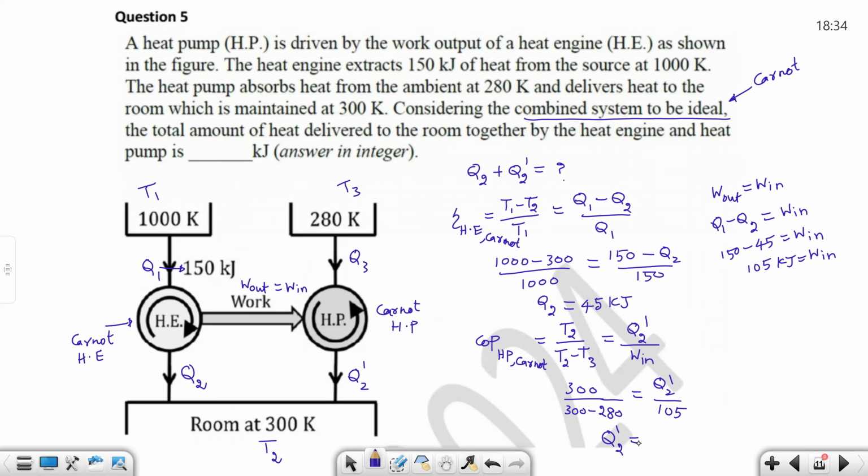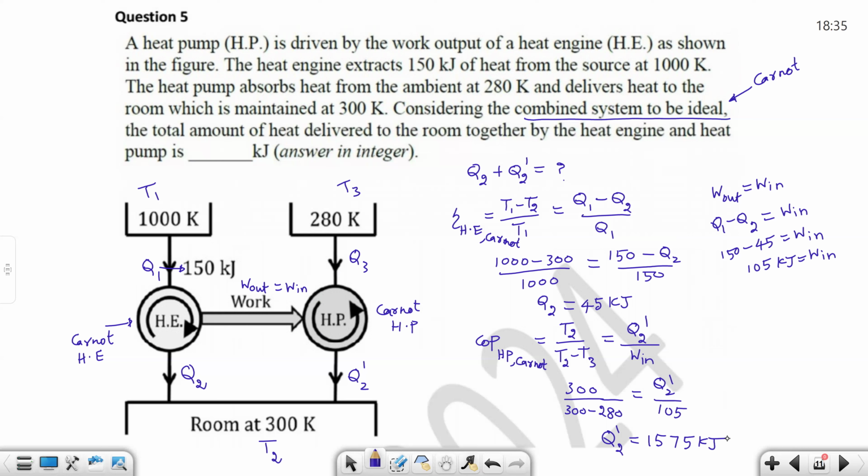Because we substituted the work input in kilojoule, you get Q2 dash also in kilojoule, 1575 kilojoule.